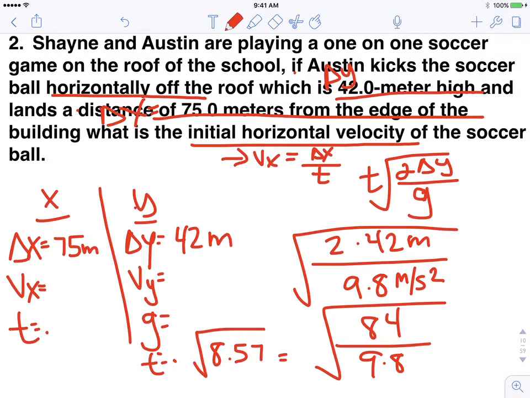That is not the answer, though. Don't forget, there's one more step here. We have to do the square root, and that will give us our actual time. And then our time ends up being 2.93 seconds. Okay? Let me just erase this t right here because I don't want you to think that was the t.